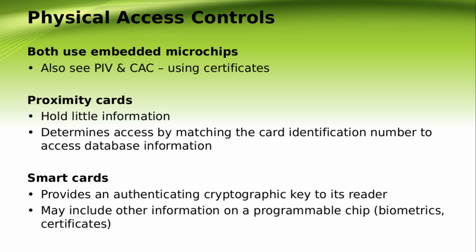A smart card typically displays a picture of the card holder and has a programmable chip that provides identification and authentication. Communication between the card and reader occurs either through direct physical contact or with a remote contactless electromagnetic field.